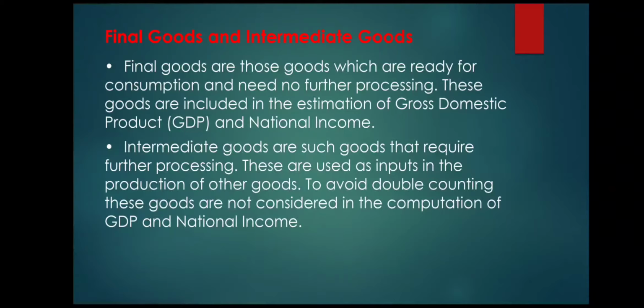Wheat was an input for the flour mill owner who sold wheat flour, and then wheat flour was the input for making biscuits. So wheat and wheat flour are the intermediate goods used to produce another commodity.